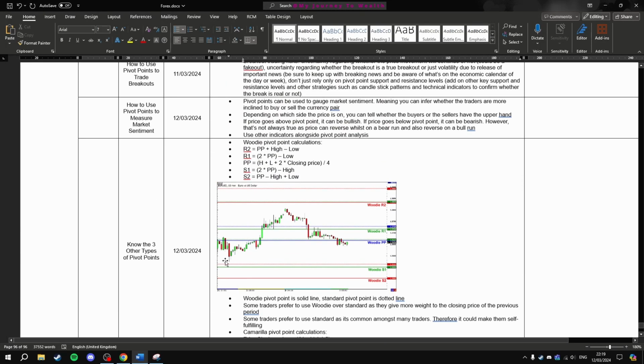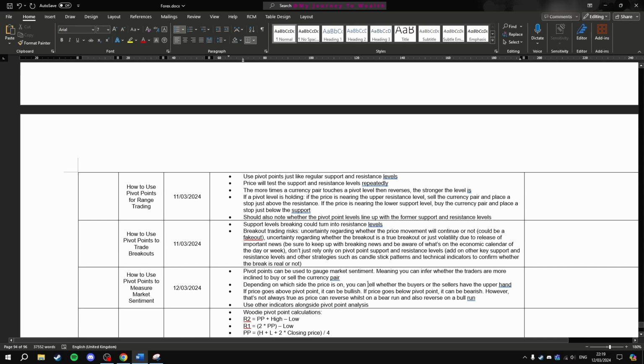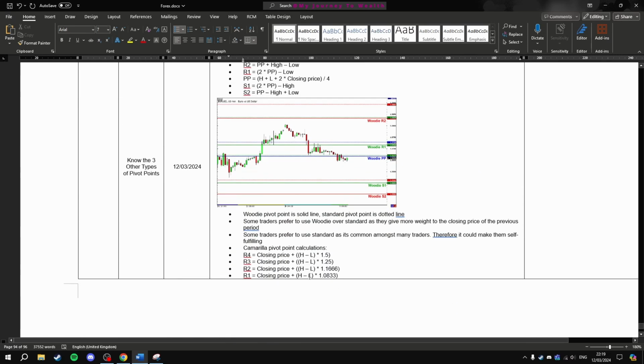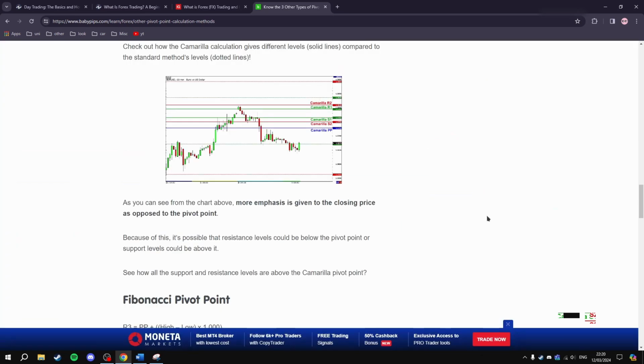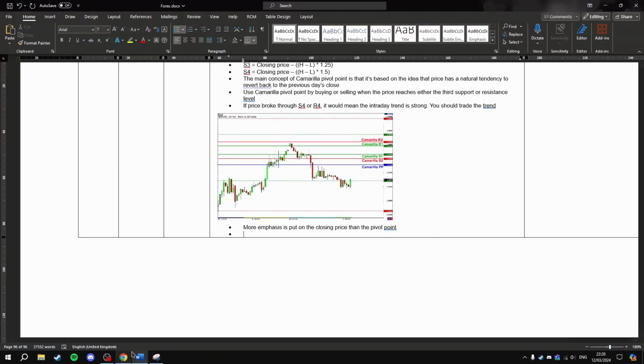They mentioned that using the pivot point, depending on which side the prices are, you can tell whether the buyers or sellers have the upper hand. But then that's only using the pivot point. So, say for this example right here, how would you know whether there are more sellers or buyers here? Because both the support and resistance are above the pivot points. So supports, resistance, because yeah, that's weird. Right. Don't really know how that works, to be honest.